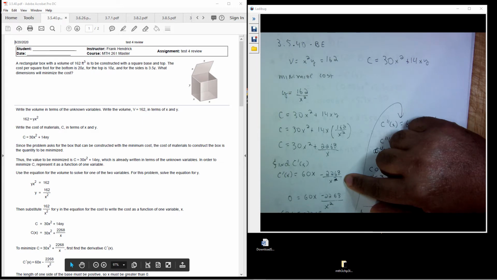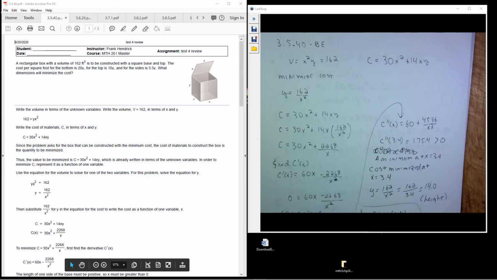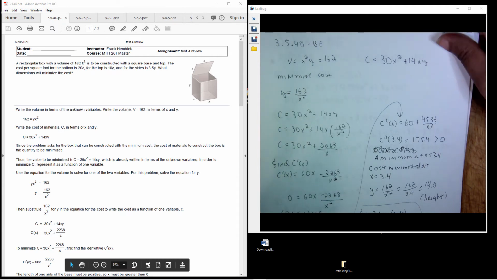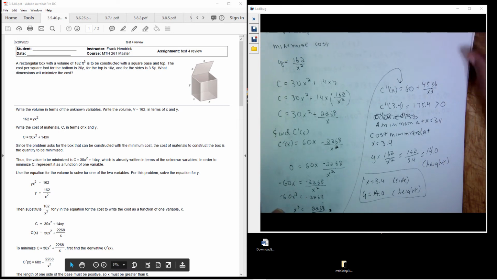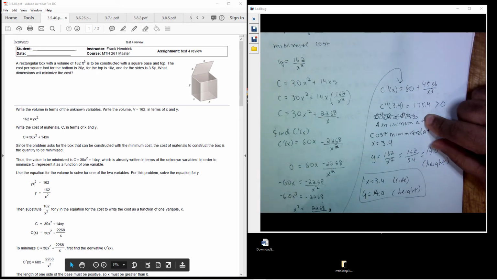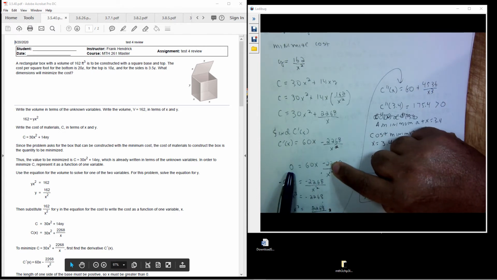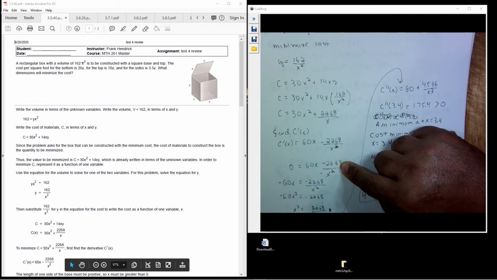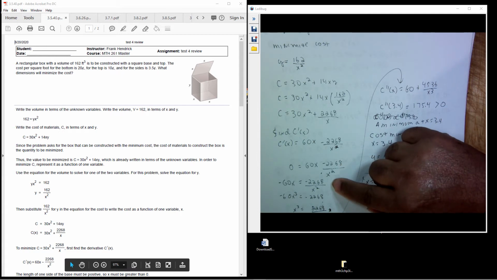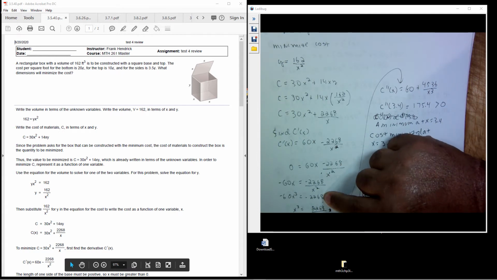So since it's minimizing the cost, we're interested in where the slope will be equal to 0. So we set the function equal to 0 and solve for x. So I'll move 60x to the other side. And then I multiply both sides by x squared.